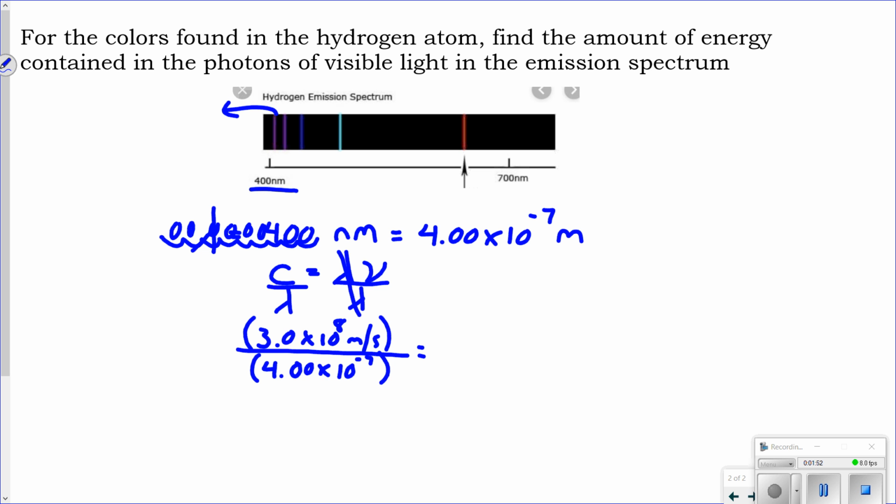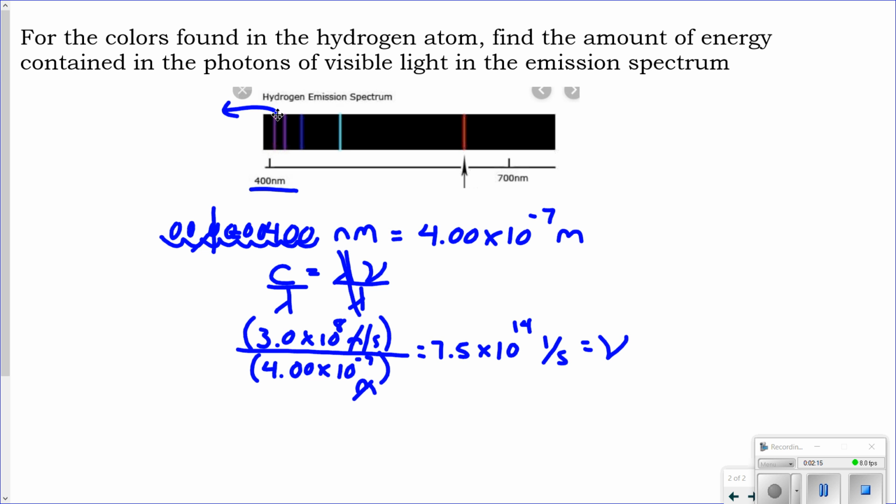And when I do this, we should get 7.5 times 10 to the 14th. And the units for frequency, once again, as you can see down below, meters cancel out. I have units of 1/seconds. So I've got the frequency.